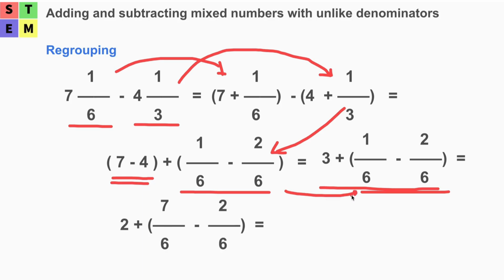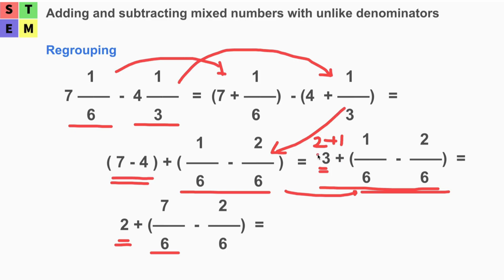And let's take a look at what we should do. So we got 2 plus 7 over 6. Okay, so what I've done here, right? So first, let's take a look. We got 3 here, and we got just 2 here, right? So that means 3 is what? 3 is 2 plus 1, right?